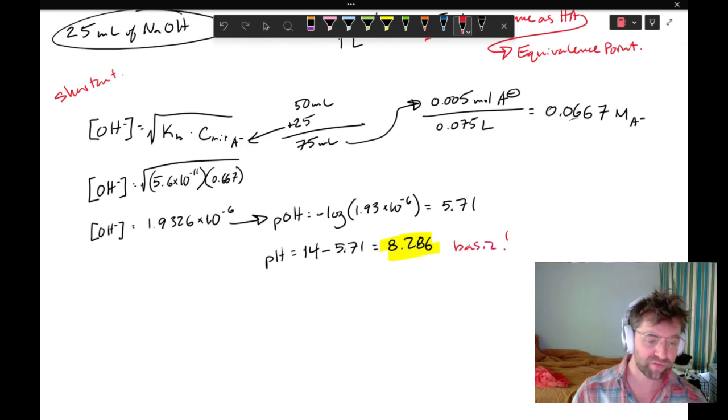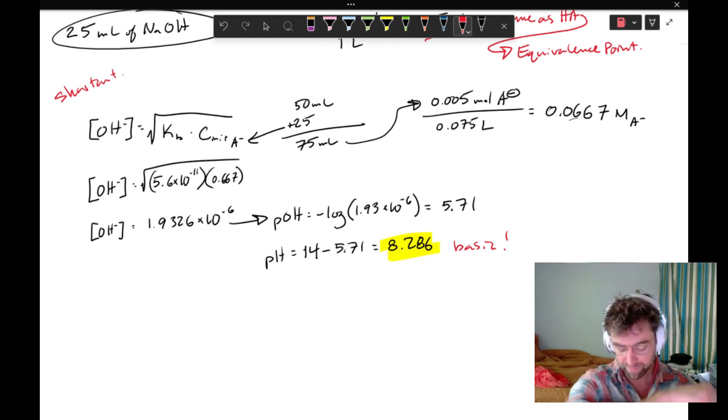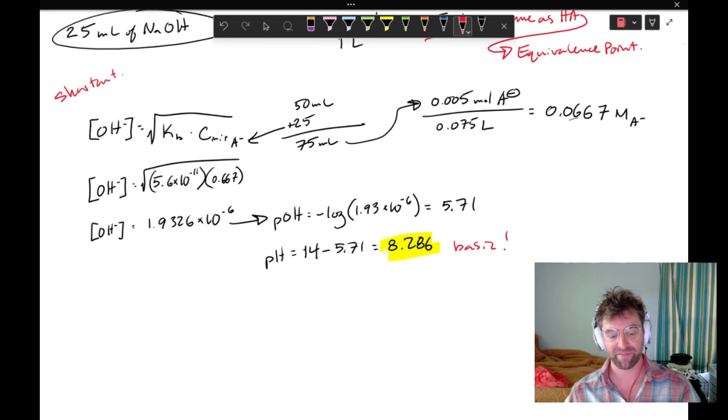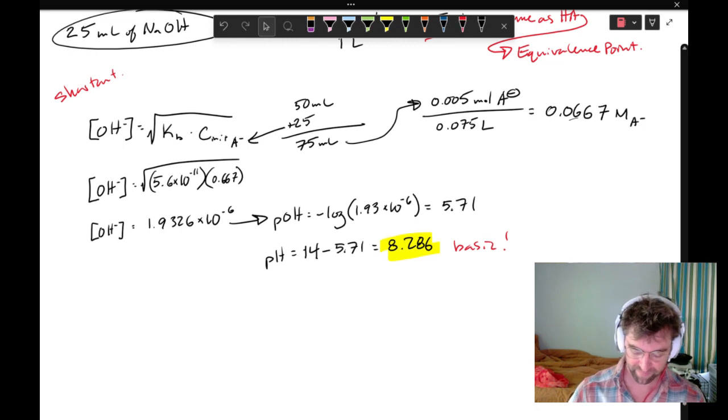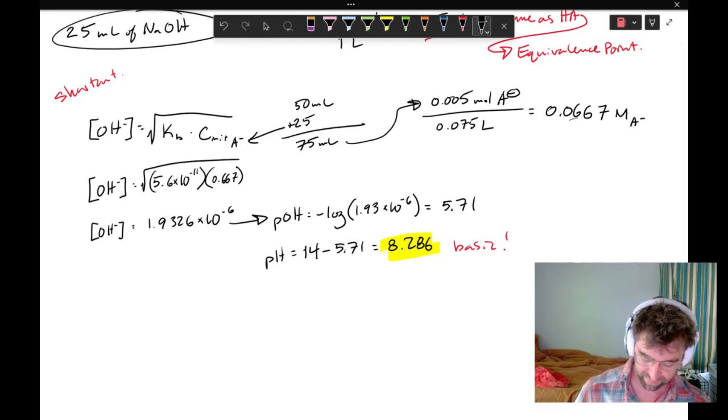So at the equivalence point, where all of the hydroxide has reacted with the acid, we have a basic solution. And this makes sense, right? A weak acid is going to have a, by comparison, much stronger conjugate base. Strong acids and bases have weak conjugates by comparison.